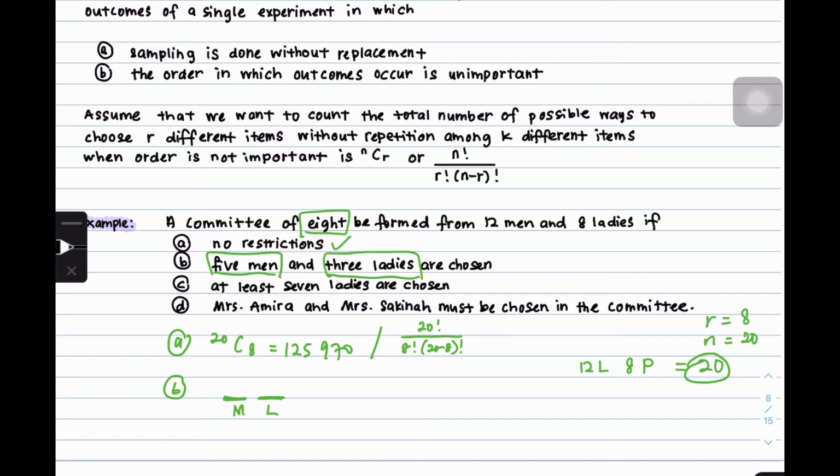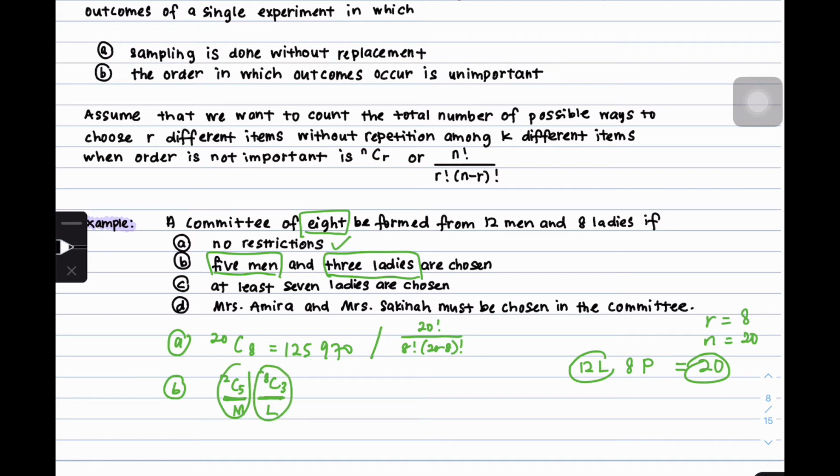So how many men we have? We have 12 men here. So from 12 we want to choose 5. Okay, untuk lelaki daripada 12 kita nak choose 5. Daripada perempuan we have 8. We only want to choose 3. So 8 choose 3. So what will you do between these two? You will multiply.